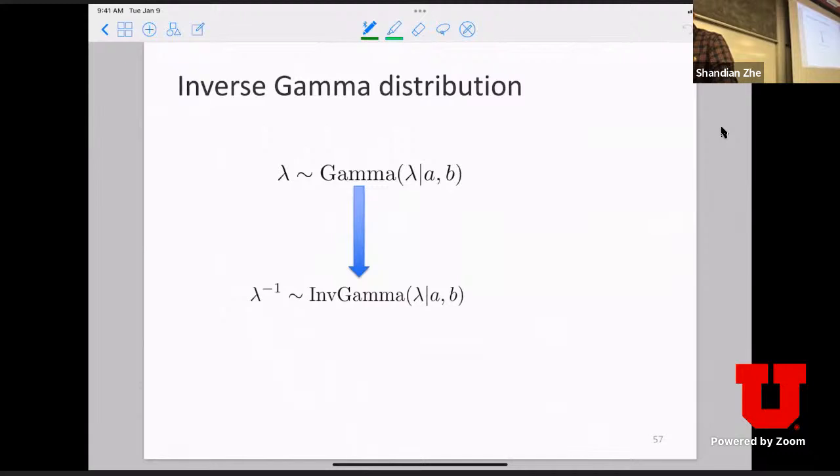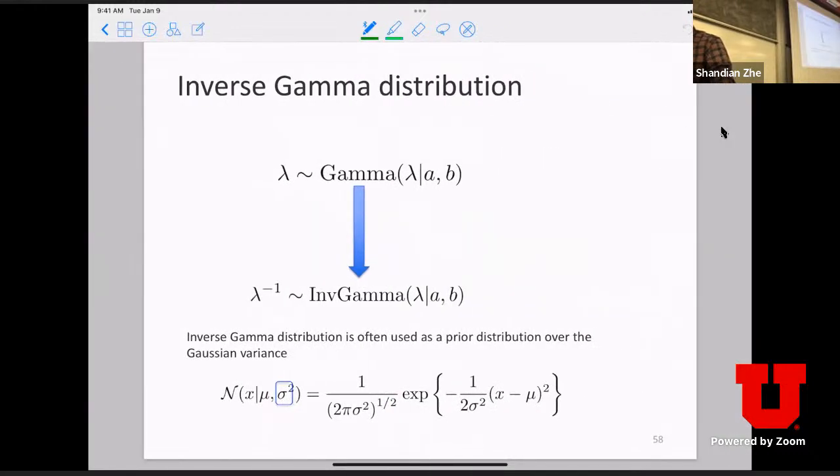If the random variable lambda follows a gamma distribution, then the inverse of lambda follows the so-called inverse gamma distribution, and they have the same parameters. So what's the usage for that? As we just mentioned, the gamma distribution is really used to model the inverse of the variance. Someone might feel annoyed about this.